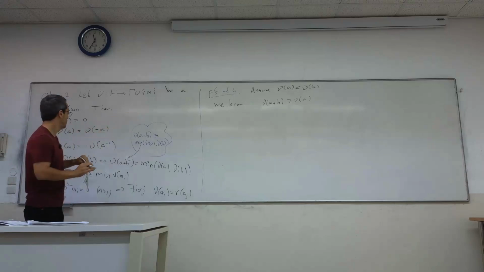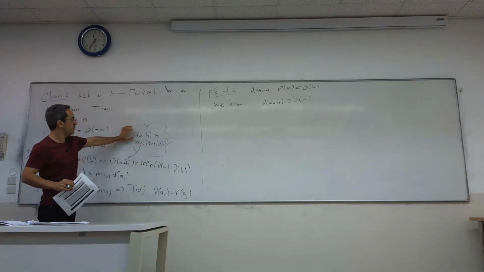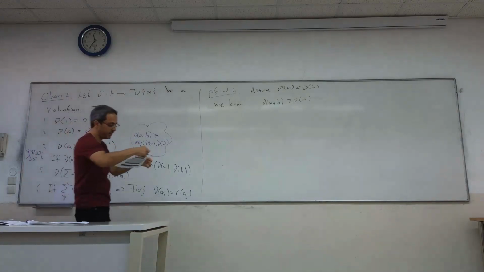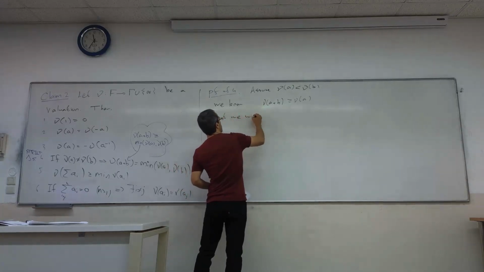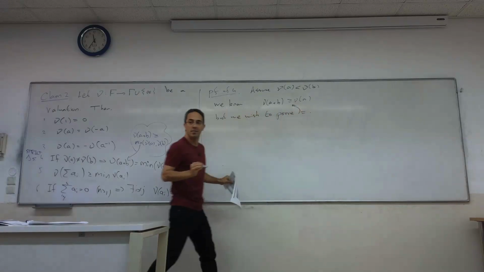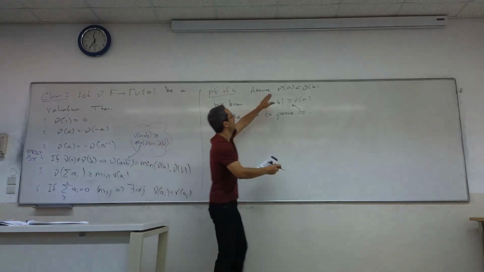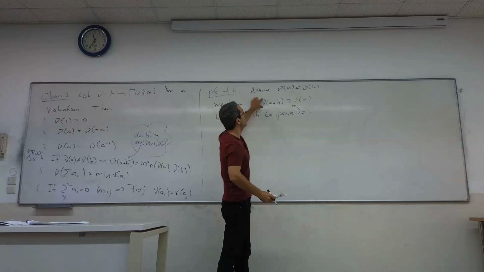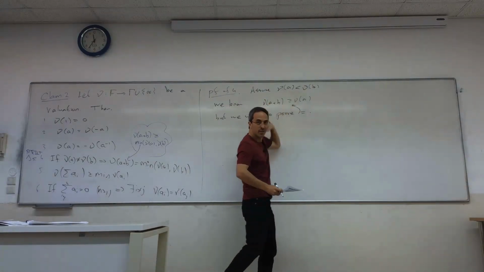Now that we know that this is smaller than that, the triangle inequality just means that this is larger than V of A, and I just want to prove equality. Just to set things up: this is the smaller valuation. The triangle inequality tells us that this is at least the minimum between them, and that's V of A in this case, but we want to prove equality under this assumption.